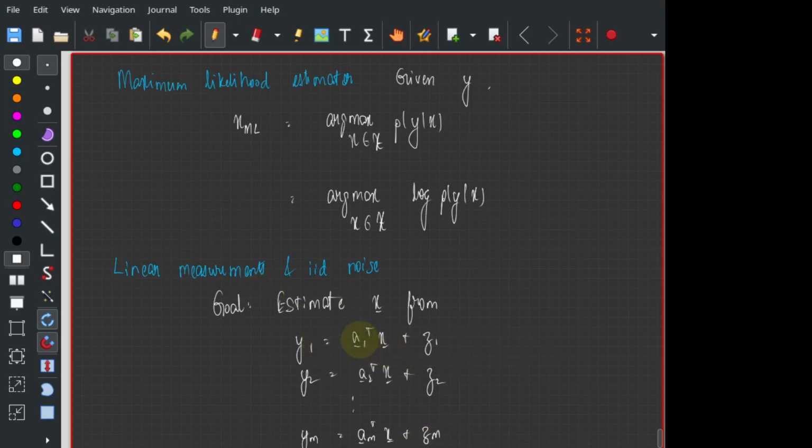So a1, a2, a3 up to am are all vectors which are known to us. Y1, Y2 up to Ym are called the m measurements. And Z1, Z2 up to Zm are basically noise random variables.